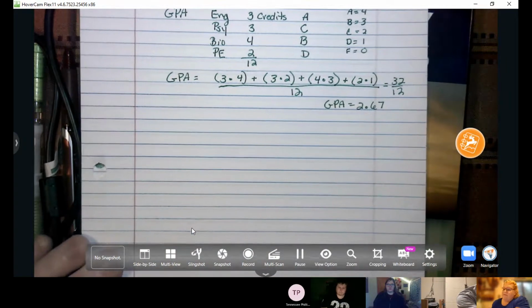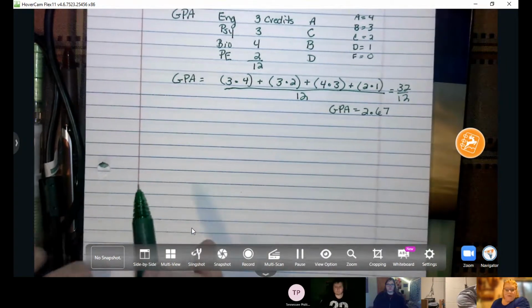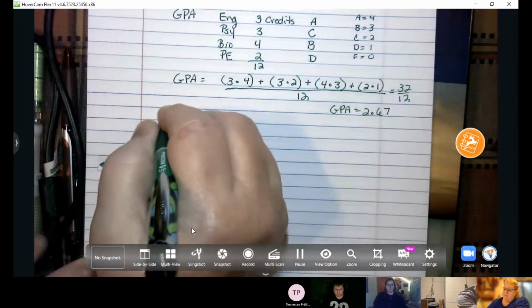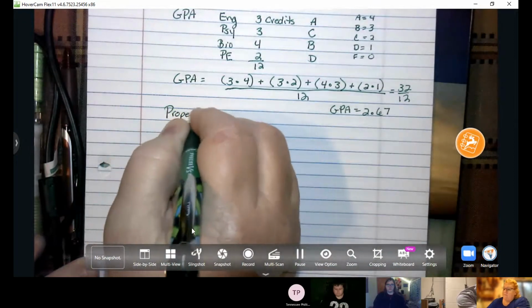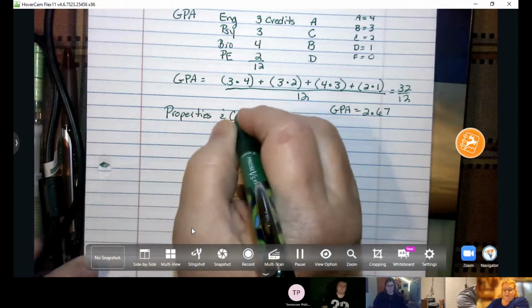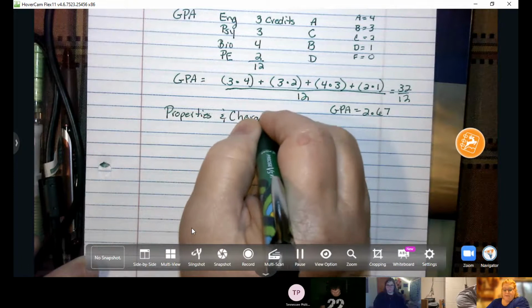Okay, to finish up central tendencies, let's talk about properties and characteristics of each. There are pros and cons for each of them.